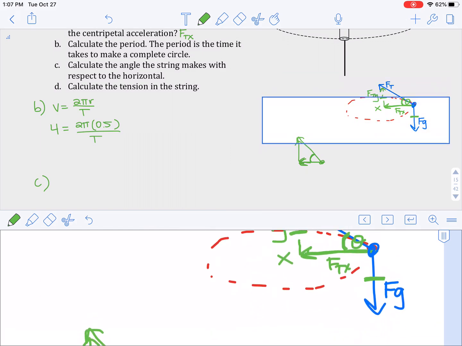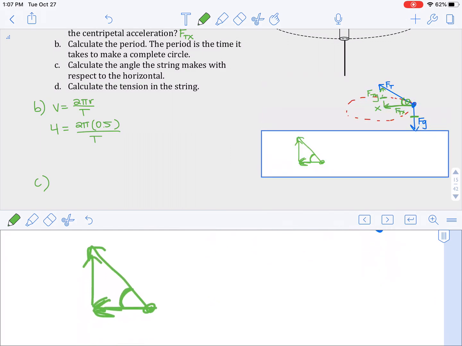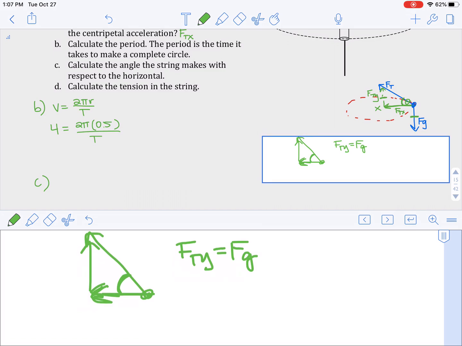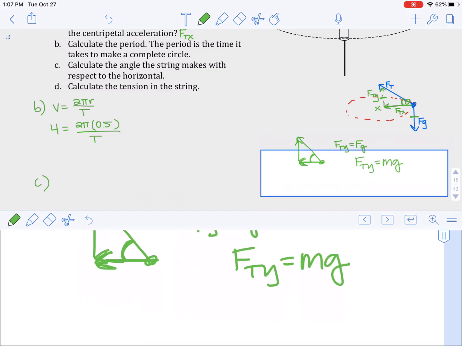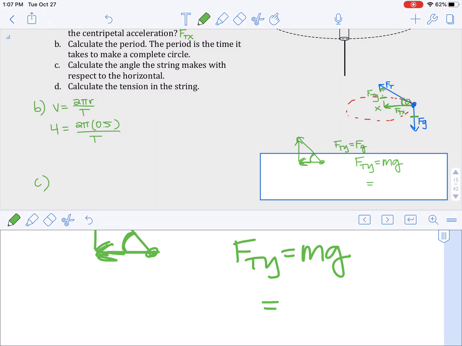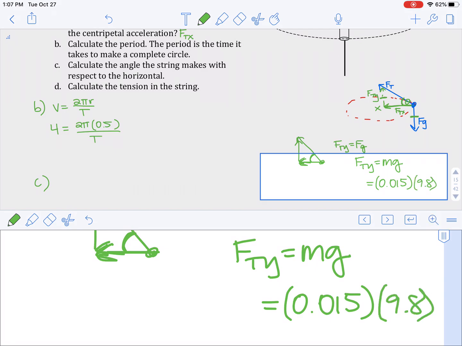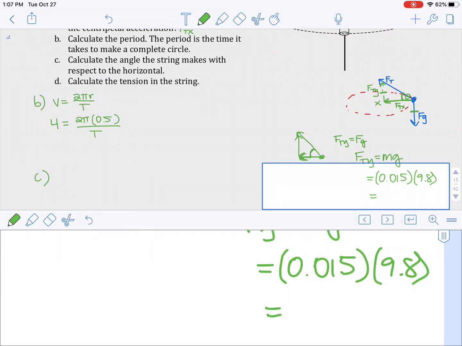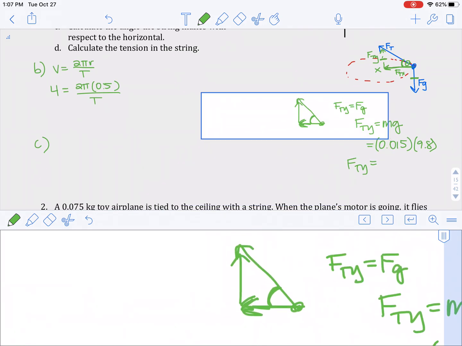So when I look right here, I remember FTY is equal to FG. So I can calculate FTY. My mass is 0.015 kilograms times 9.8, and so you can calculate that. So I have this side.